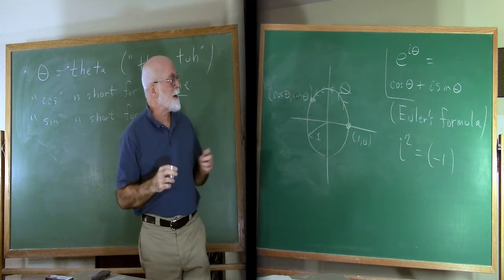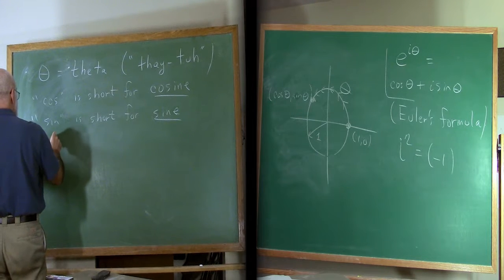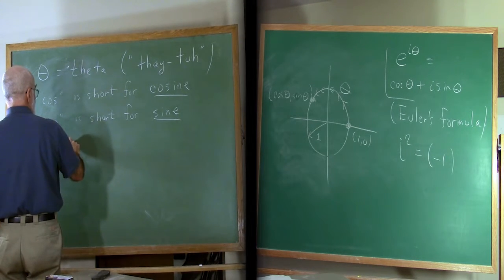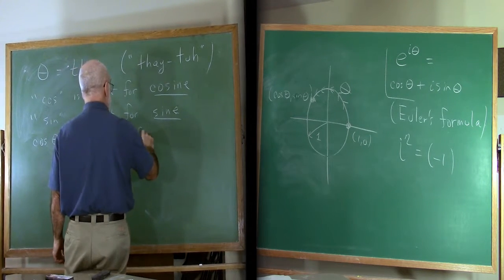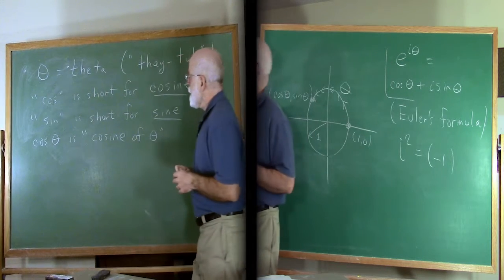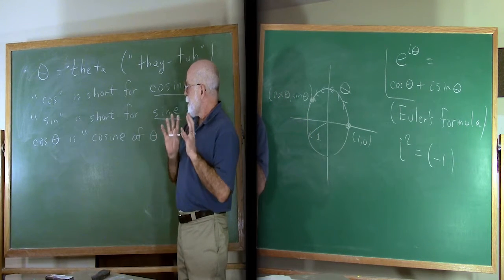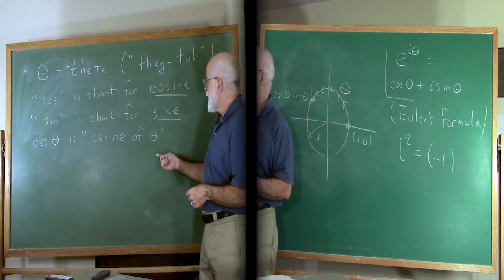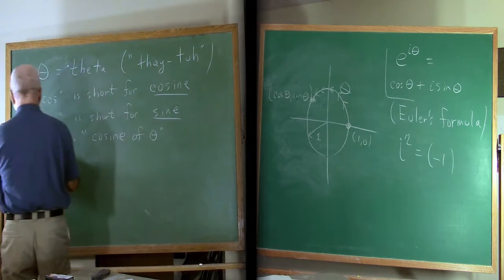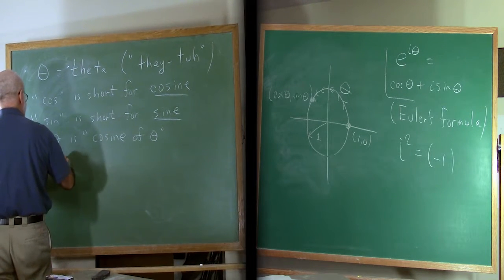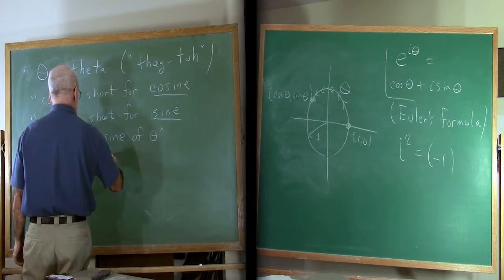The more complete statement here, COS theta, reads cosine of theta. It's not multiplication. You think of it in a more physical way of applying cosine to the letter theta. Likewise for SIN theta, that reads sine of theta.